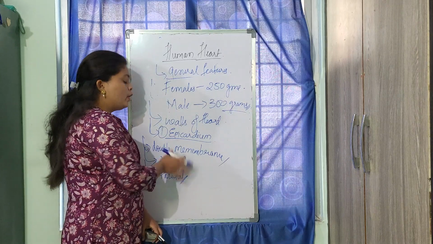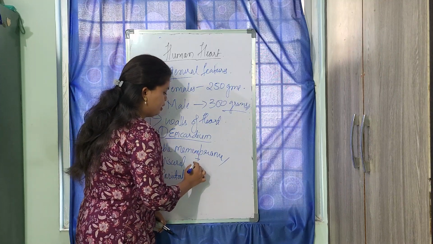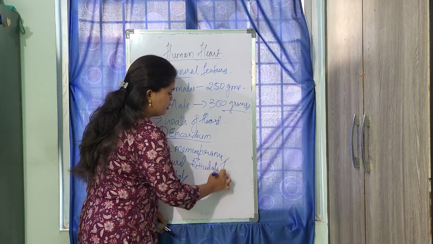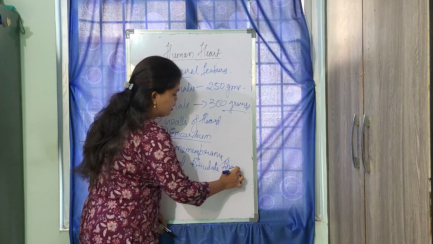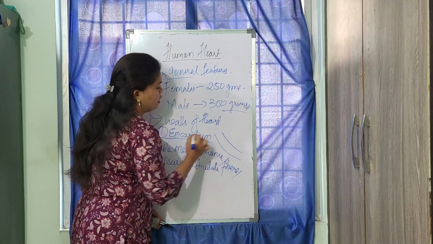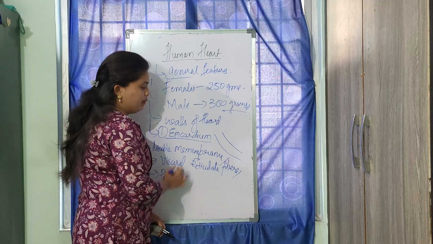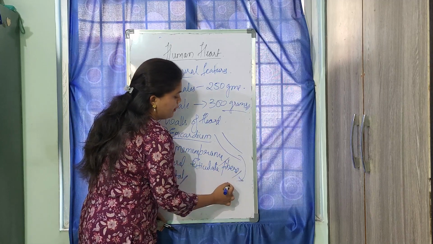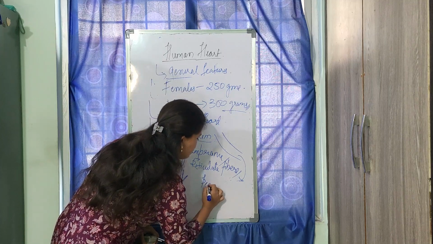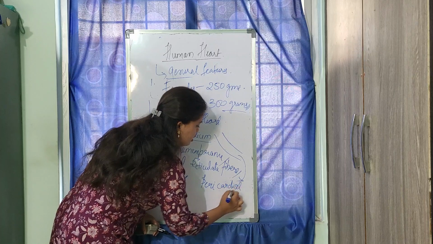The other one is the parietal layer. This membrane is made up of reticulate fibers. There is a cavity between these two visceral and parietal layers, which is called the pericardial cavity.